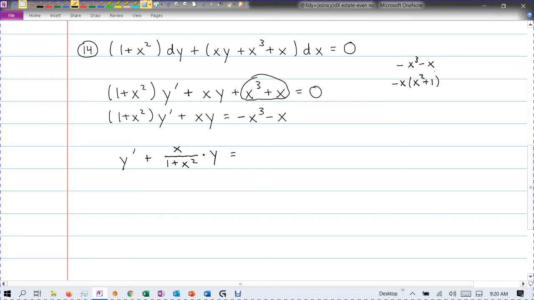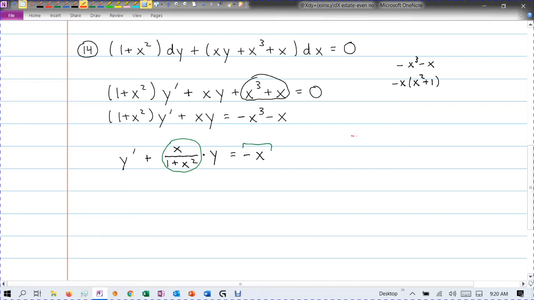We're going to divide that through by 1 plus x squared, which is the same as x squared plus 1, so that's going to cancel out and you're just left with negative x on the right hand side. So that's nice. And we've got the form we need, right? We've got our p of x here, we've got some function of x here, y prime in front, so we're all good to go.